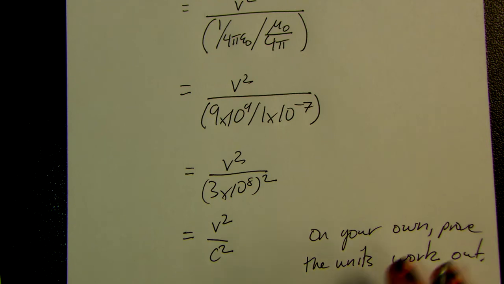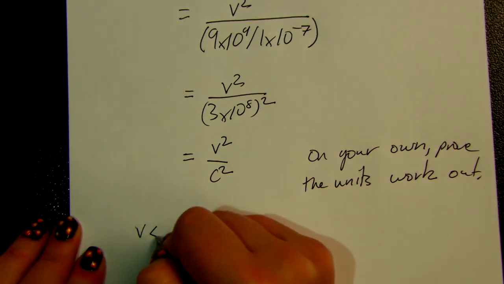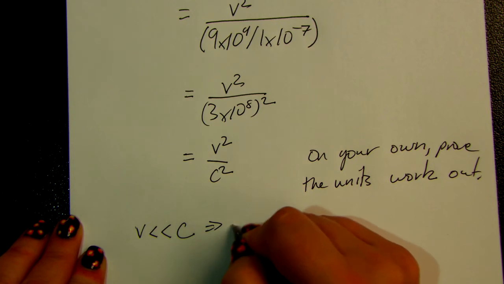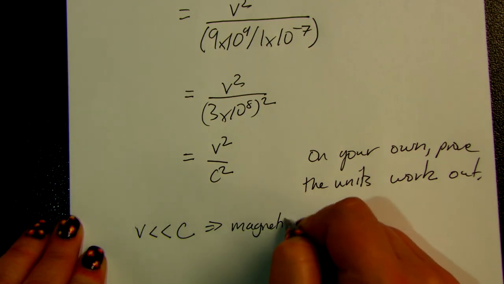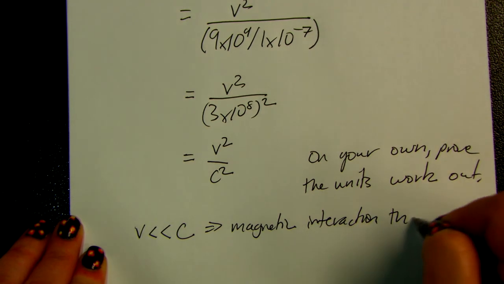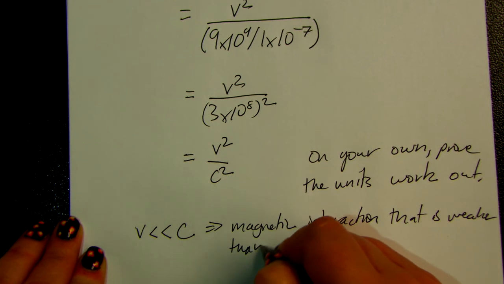All right, so what we can see from this is that when your velocity is much, much smaller than the speed of light, you get a magnetic interaction that is weaker than electric interactions.